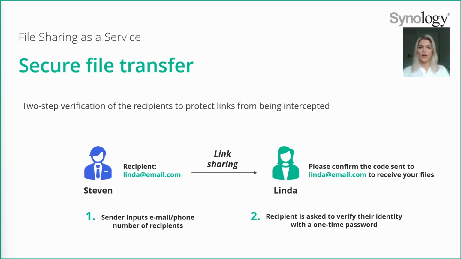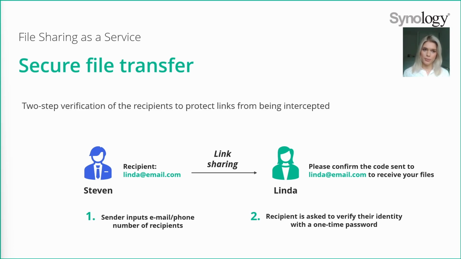One of the biggest advantages of C2 Transfer is that we impose the two-step verification of the recipient to avoid any internal interceptions. So how does it work? It's easy. Let's say Steven wants to share a link with Linda to send her files. He will connect to C2 Transfer.